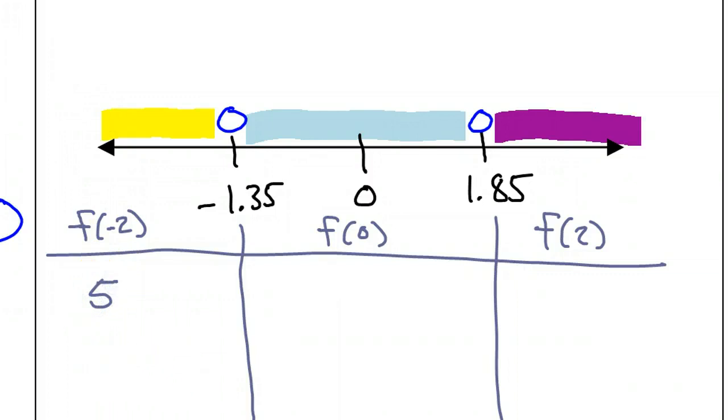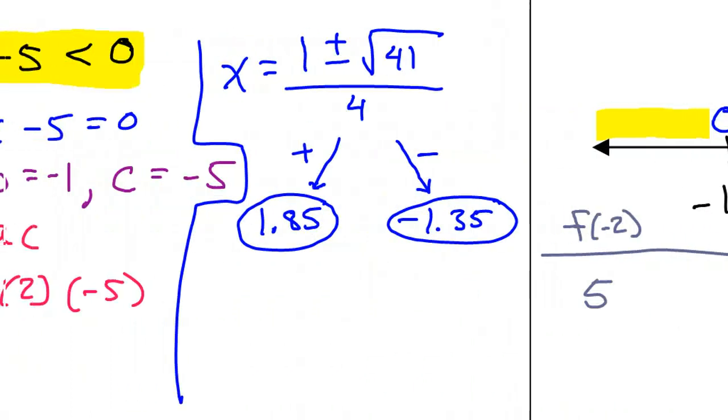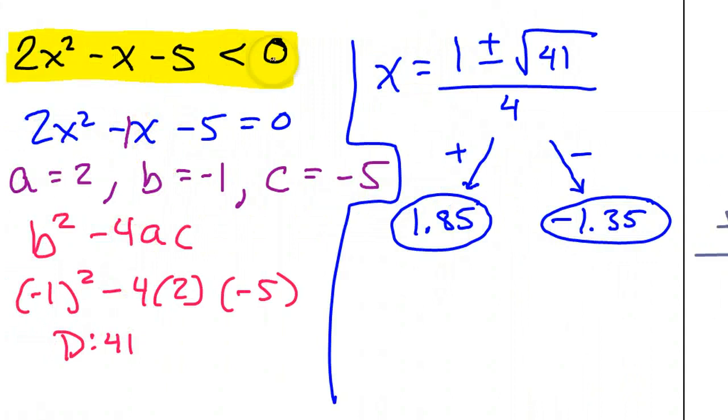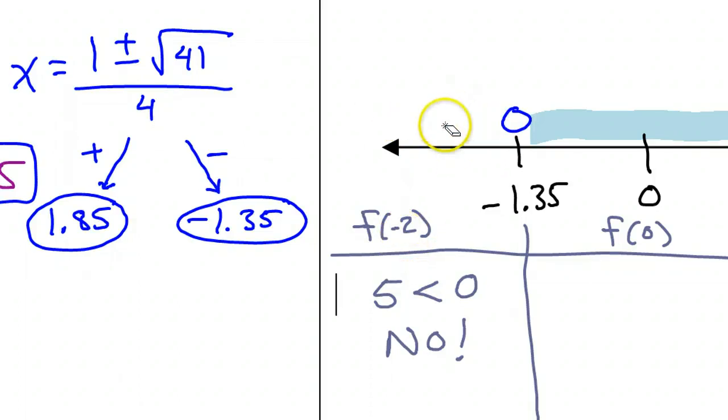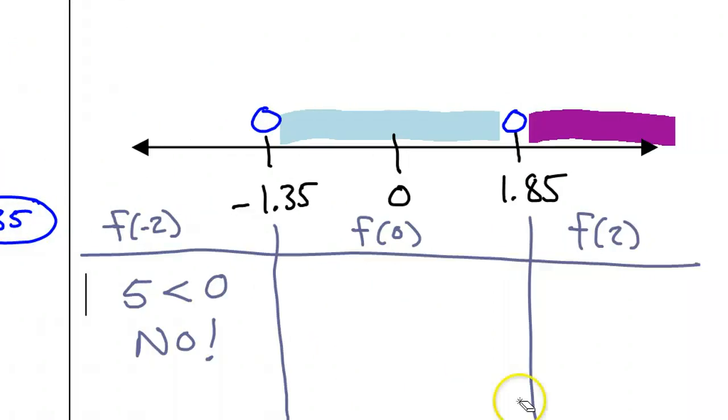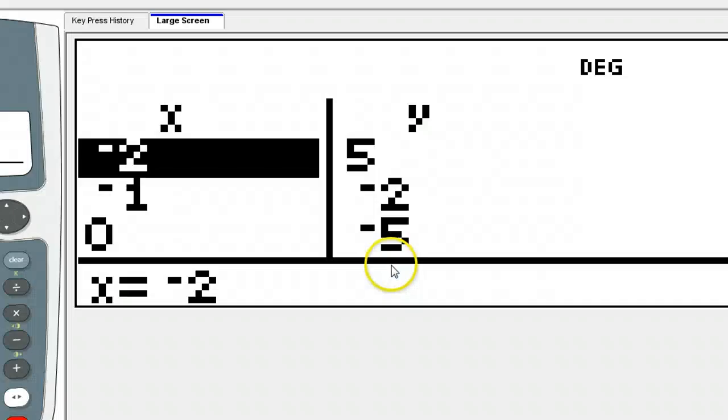Now the question is, is that less than 0? Is 5 less than 0? No. 5 is not less than 0. That means negative 2 is not a solution, which means that none of these yellow values are solutions. So we'll just leave this area blank. Now how about 0? We've already got it in the calculator, so we can just glance at it.